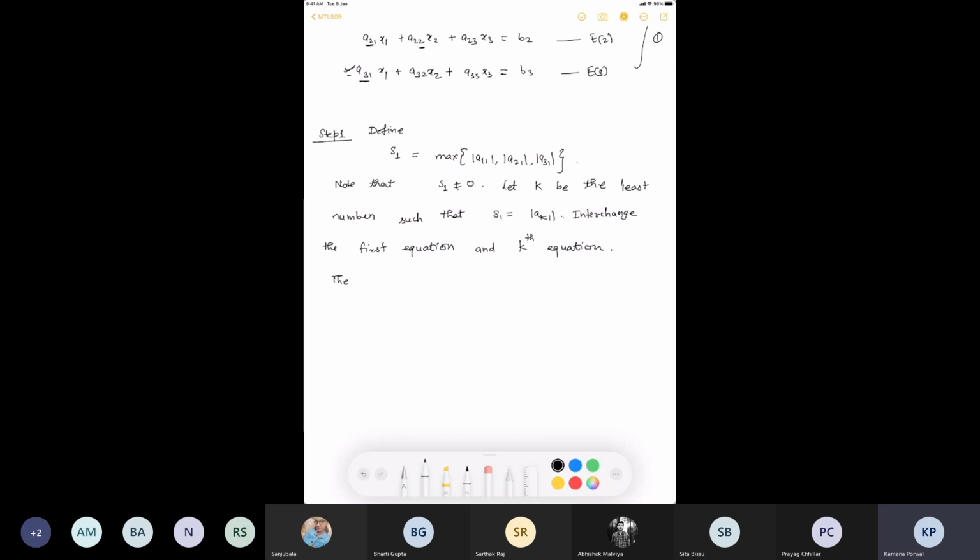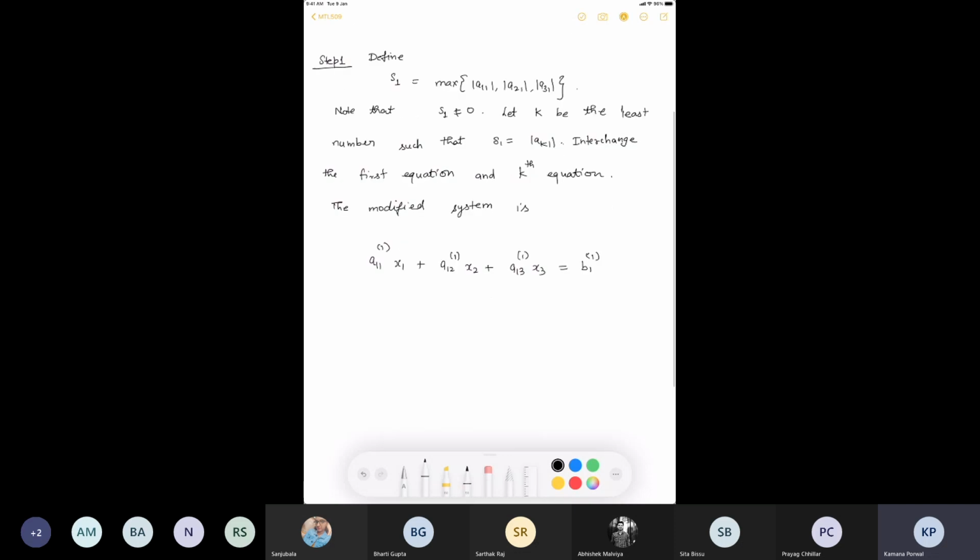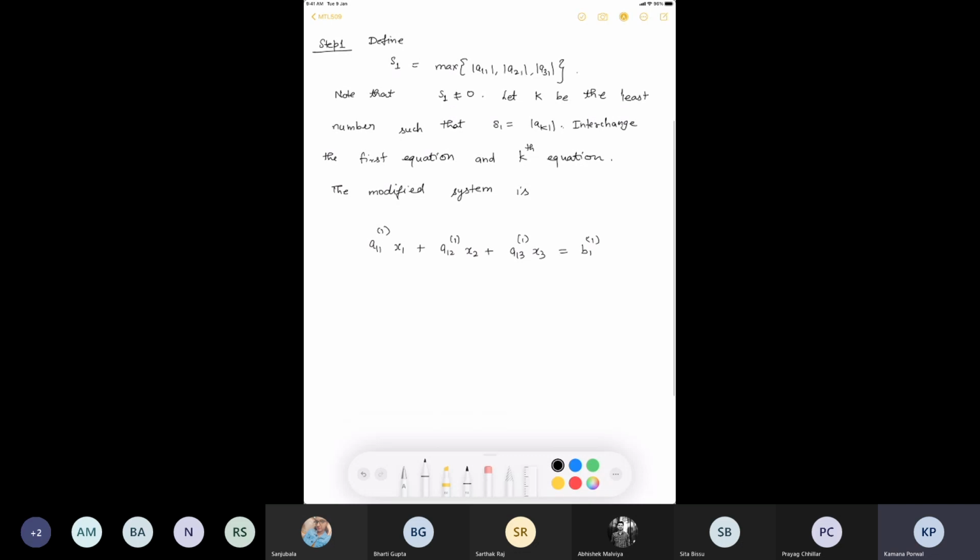The modified system will be, say we get it as A11^1 x1 plus A12^1 x2 plus A13^1 x3 equals B1^1. So I'm using 1 in the superscript in the first equation. This I will do for all the equations.